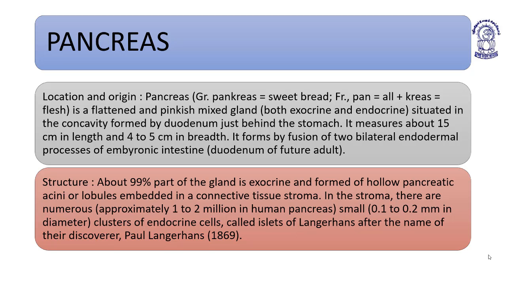We discussed different types of hormones secreted by these respective glands, their hypo and hyper secretions and possible effects on the body. We also discussed the feedback mechanism, and today the turn is for pancreas.